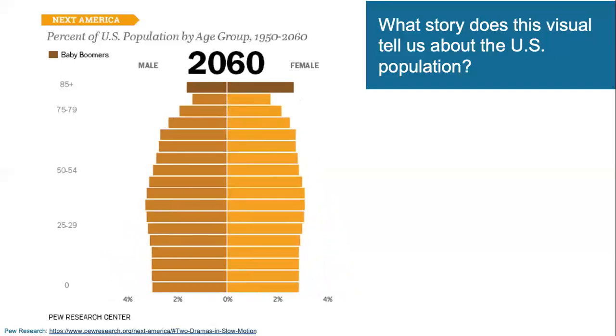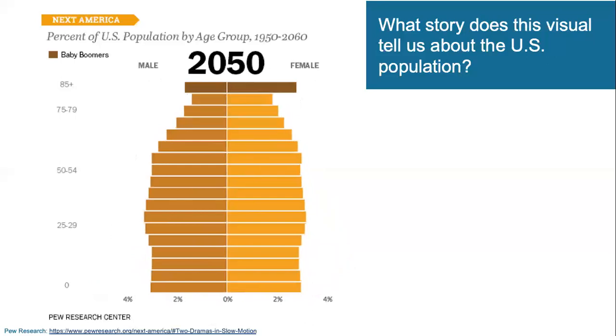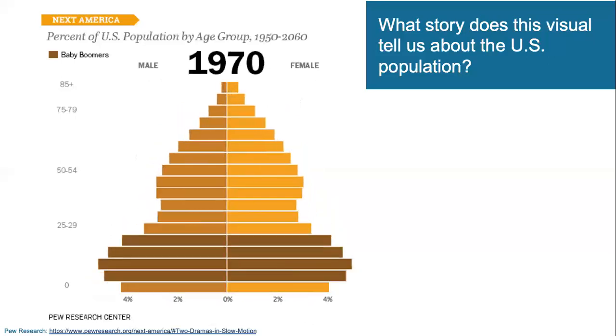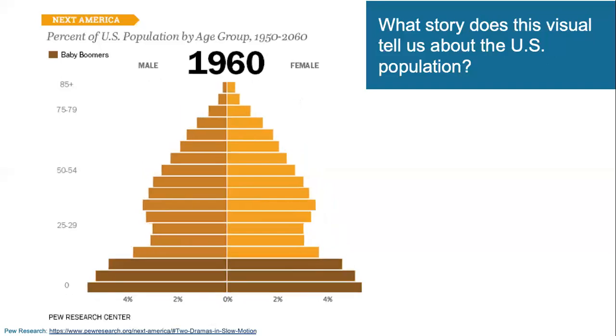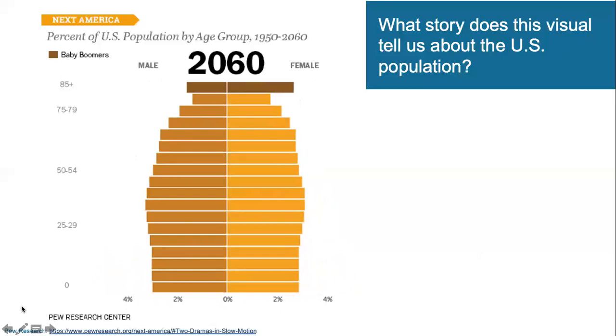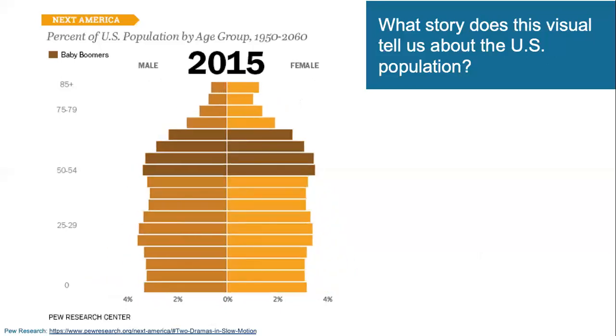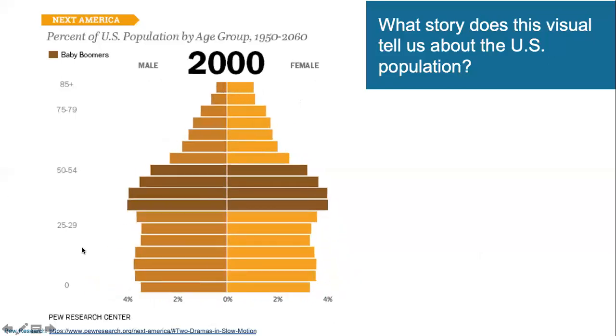So there are a few different interesting stories here around the change in the U.S. population, the changing face of the U.S. population, and maybe even some interesting stories about what that might mean for the U.S. population.